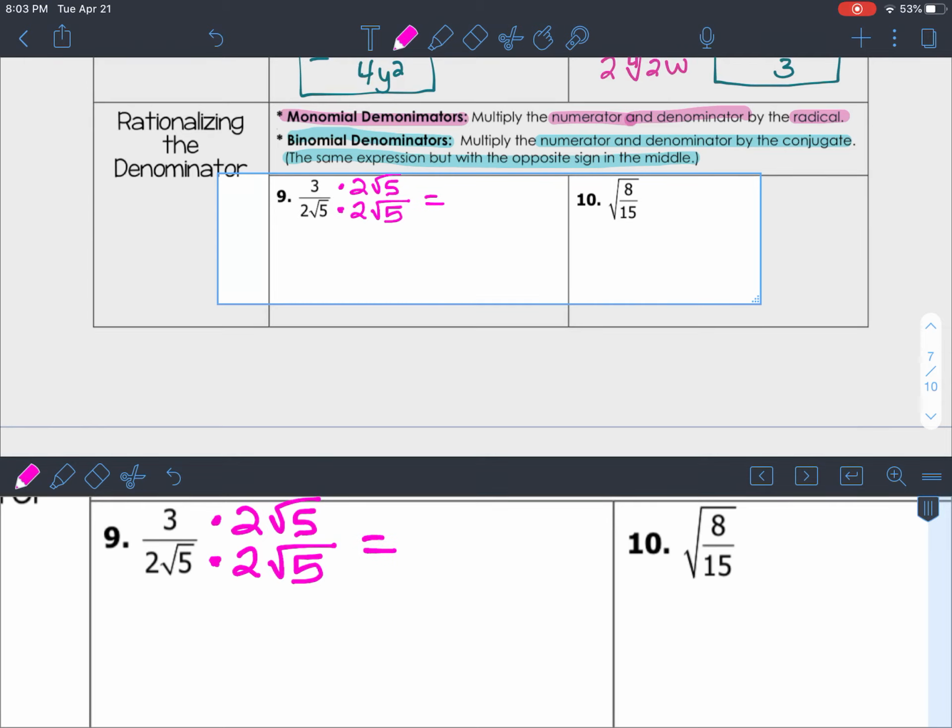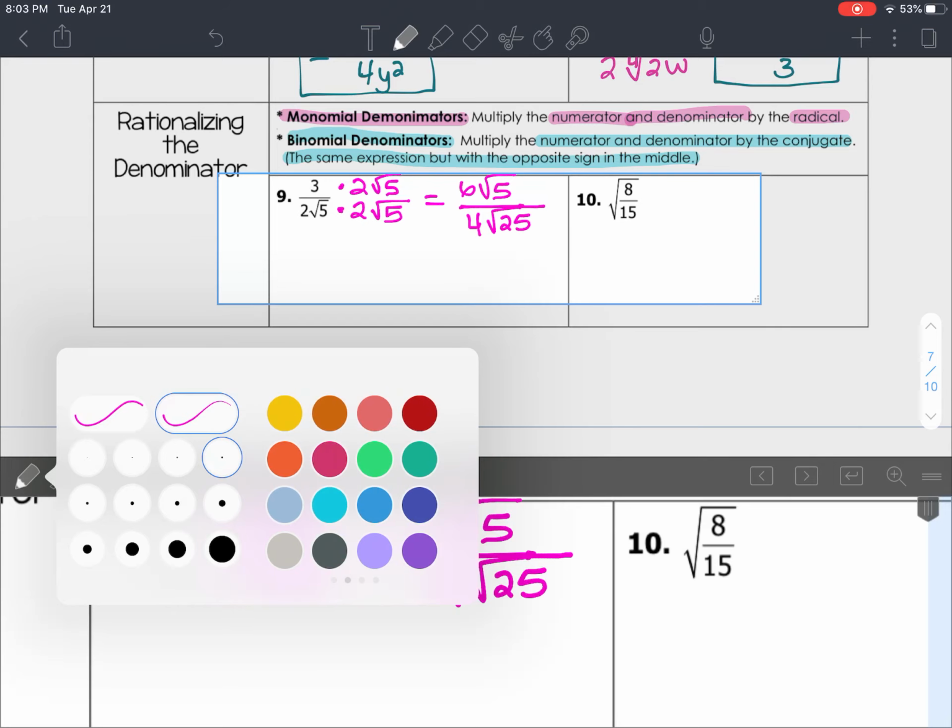So when I do this, I'm going to end up with 3 times 2, which is 6, radical 5, and 2 times 2, which is 4, radical 5 times 5, 25. So all we did there was just multiply. I multiplied my coefficients, my outside numbers, and then I multiplied my inside numbers.